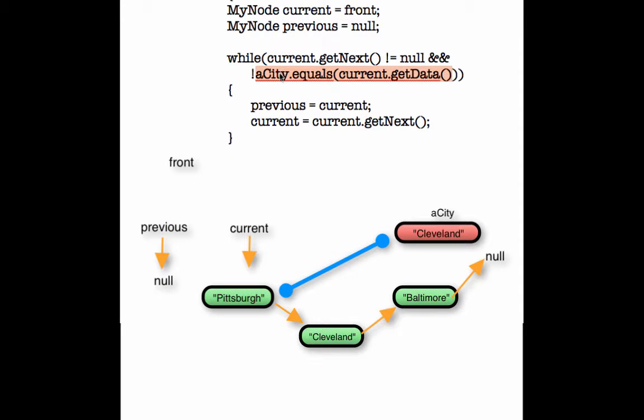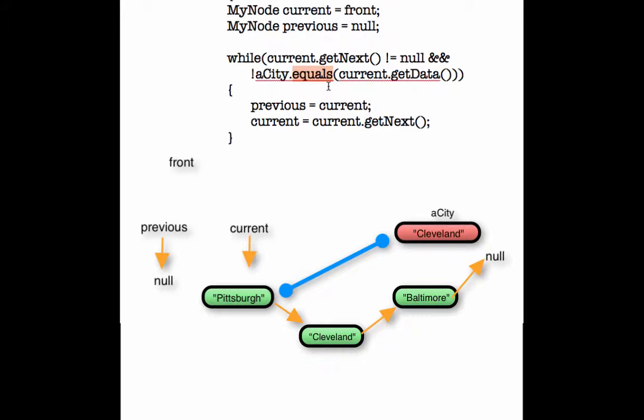It's saying, let me compare the value that I'm looking for, which is the parameter aCity, which is a string object, with the value at a particular node. And at the very beginning, current is looking at the very first node, getData extracts the value of the first node, and it's going to compare the 2 strings using equals. Remember, these are objects, so I need to use the equals method. I'm not allowed to use the equal operator.